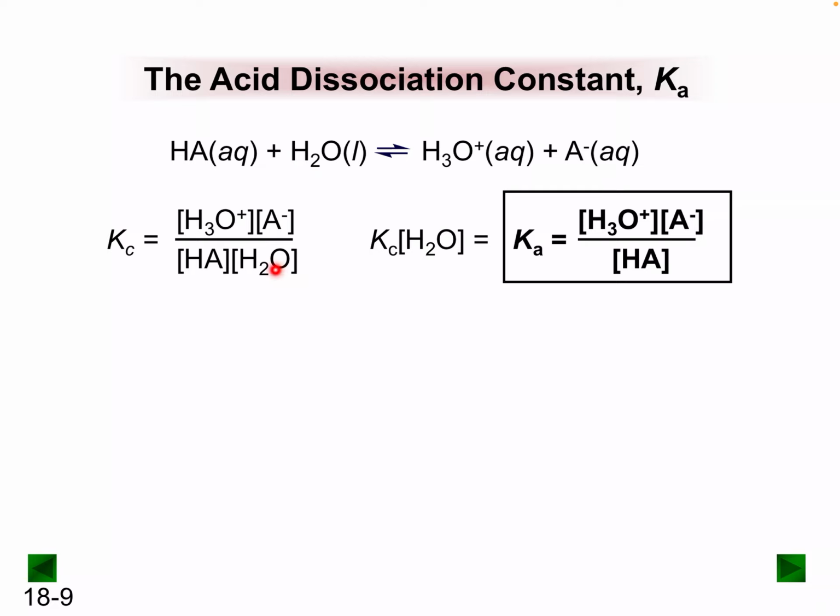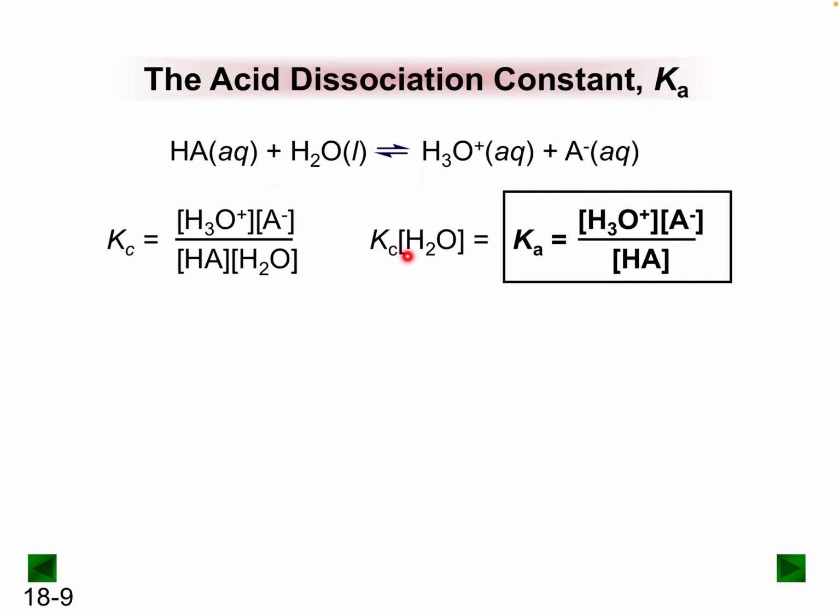Now normally if you have an acid in water, the number of water molecules is huge compared to the HA molecules. Compared to the acid, we find lots of water molecules. So since the water concentration is a lot and is going to be a constant, we can take Kc and water to the same side. So Kc times water.